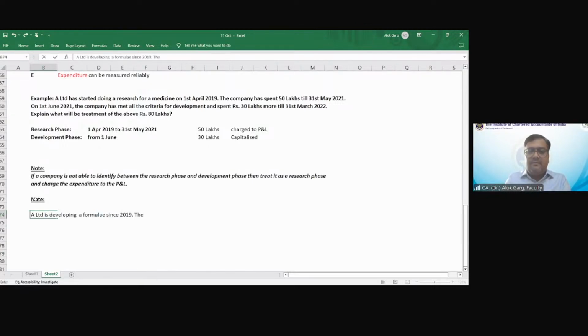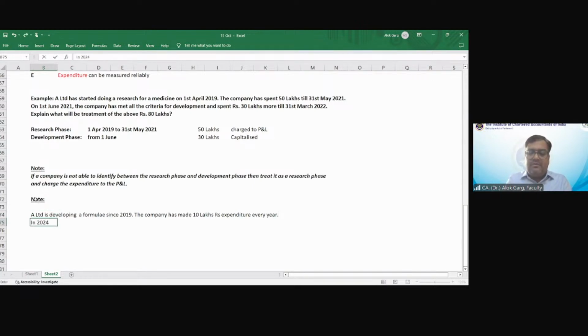The company has made 10 lakh rupees expenditure every year.